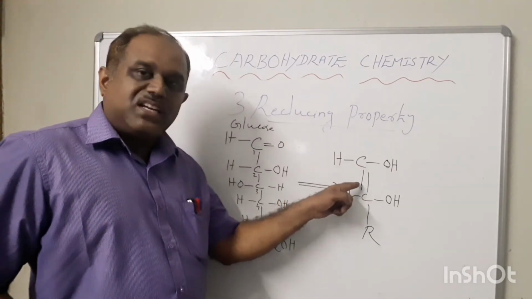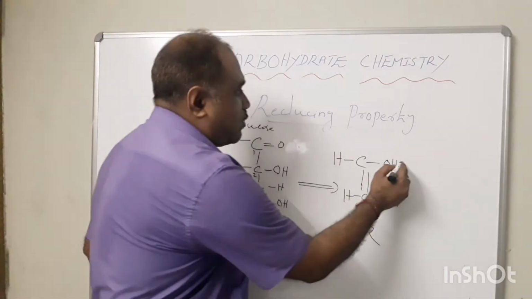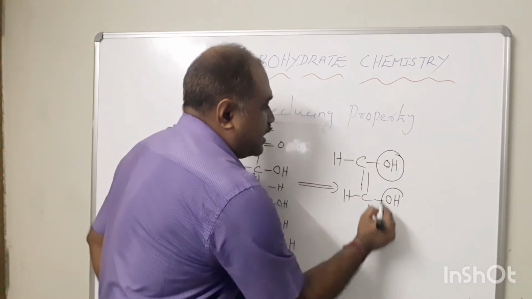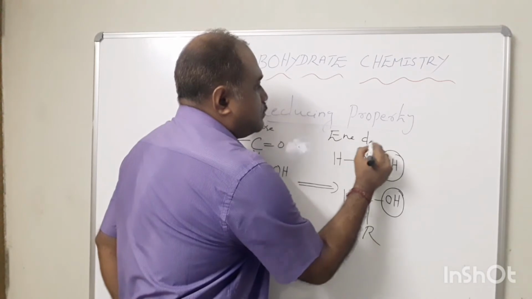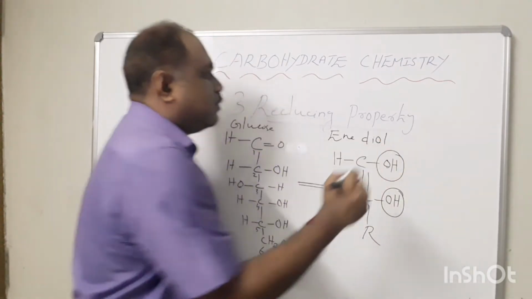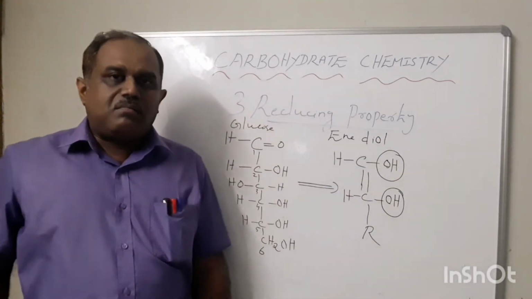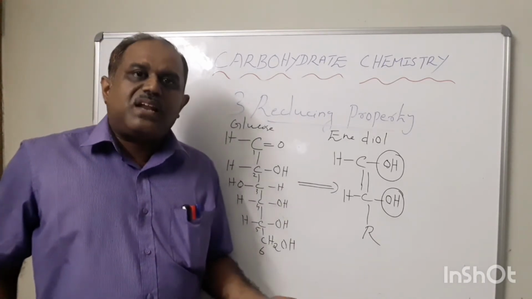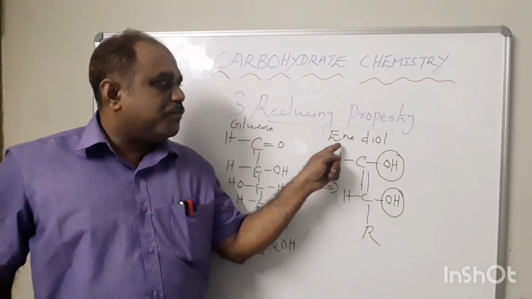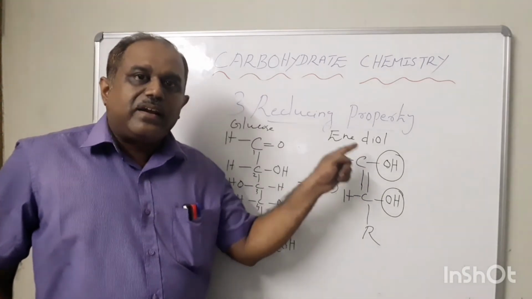So the double bond is the ene, and the presence of two hydroxyl groups is why we call it enediol. So glucose under mild alkaline condition will be converted to fructose and mannose through the formation of a common enediol.